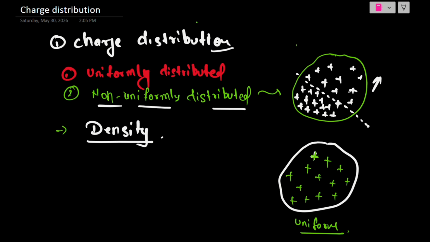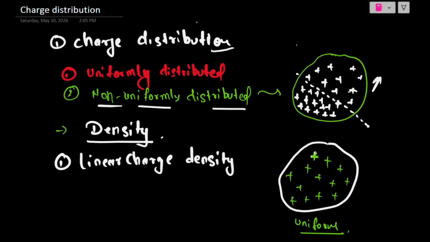Basically our surroundings are made up of three dimensions, what we call one dimension, two dimension, and three dimension. So the charge density can also be calculated in three ways. The first way is what we call linear charge density. It is basically the density of charge in one dimension.